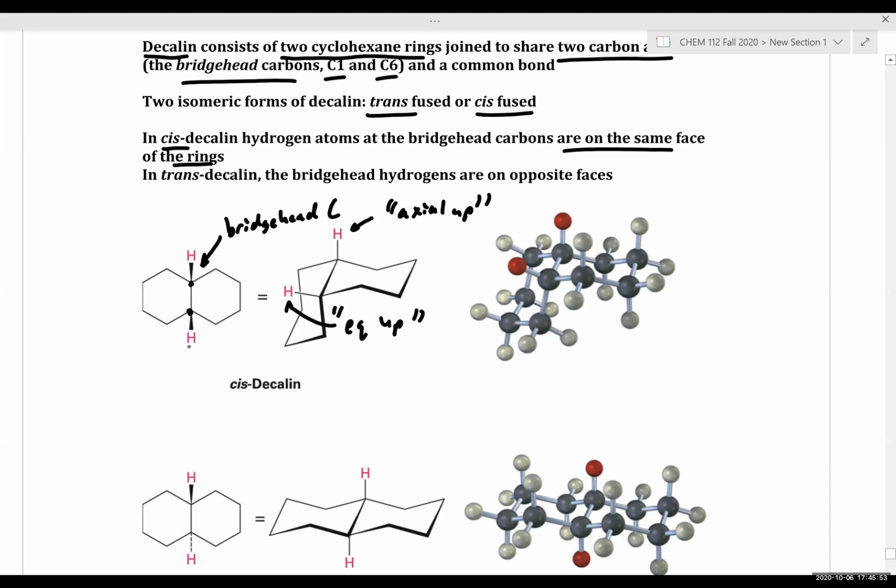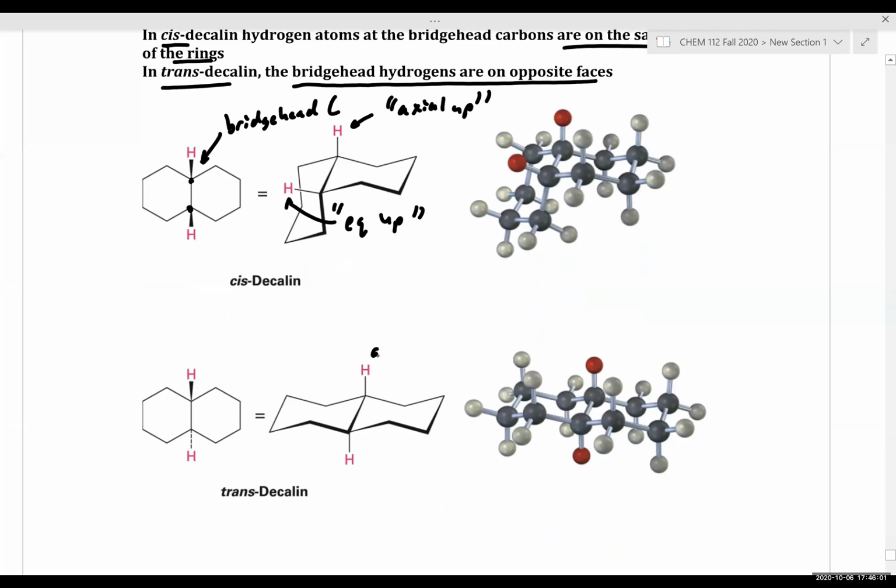Both of these hydrogens have a wedge. In trans decalin, the bridgehead hydrogens are on opposite faces. So we have a hydrogen that is axial up and a hydrogen that is axial down. Now, this is really important because it directly limits the amount of conformational flexibility that we have.